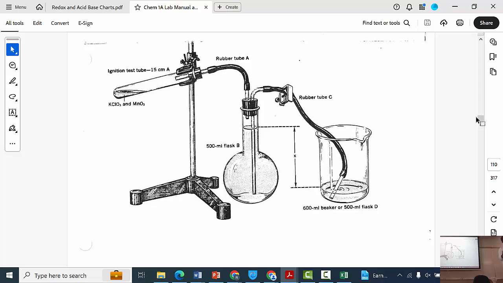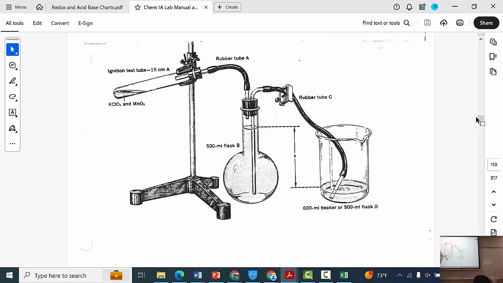The first thing I'm going to do is purge all the air out of this line. We're going to have this line that goes from the tube from the bottom here, up to this rubber tubing, to this glass tube here, that's going to go in the beaker here. What I want to do is capture the oxygen by water displacement. This tube is filled with air. That's okay. We're going to leave the air in there.